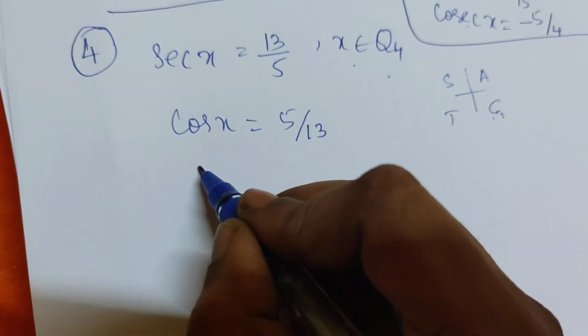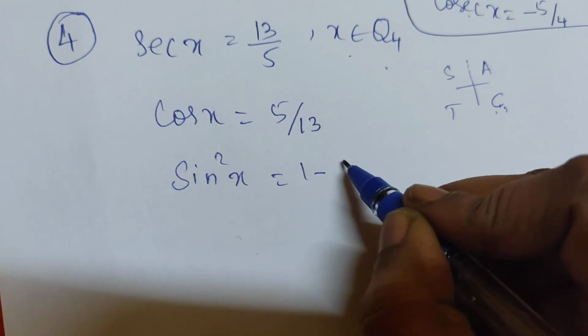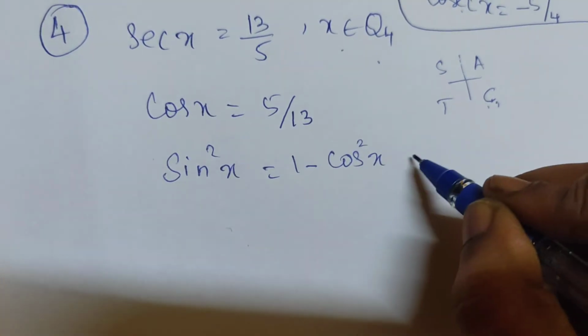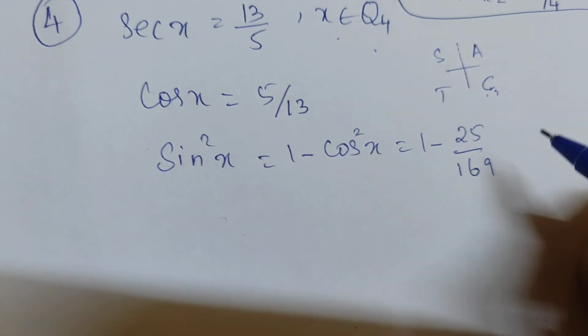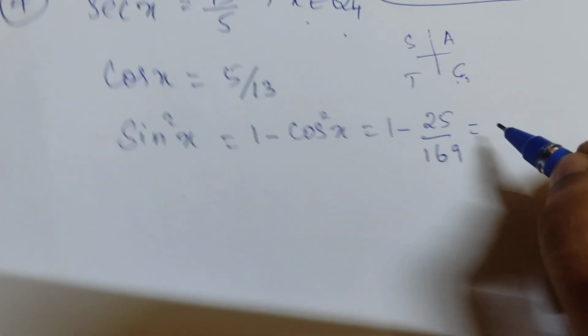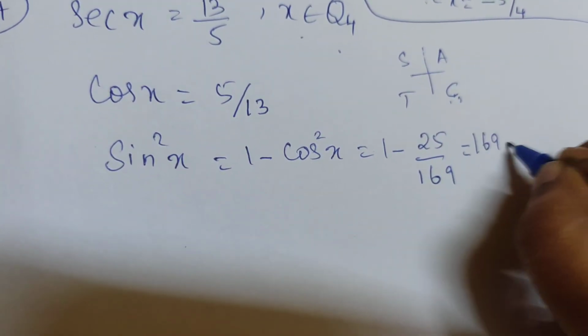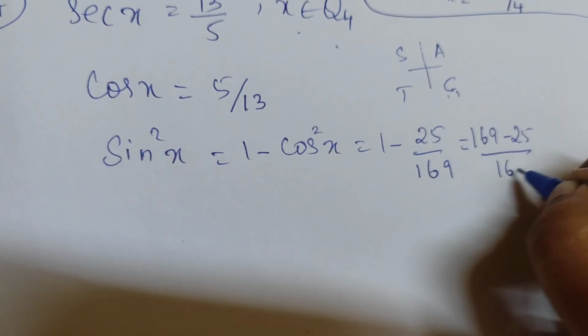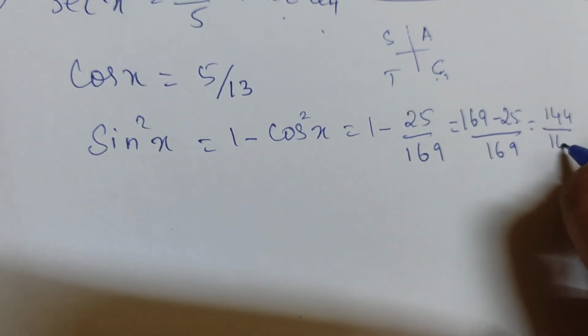And by using the identity sin square x is equal to 1 minus cos square x, we can write it as 1 minus 25 by 169, that is 169 minus 25 by 169. So we'll get 144 by 169.